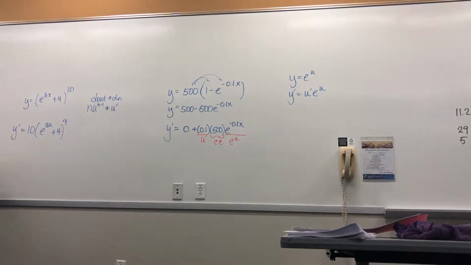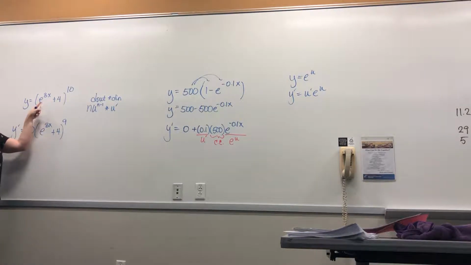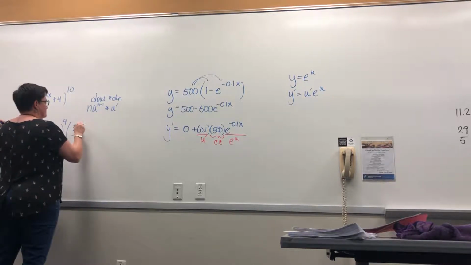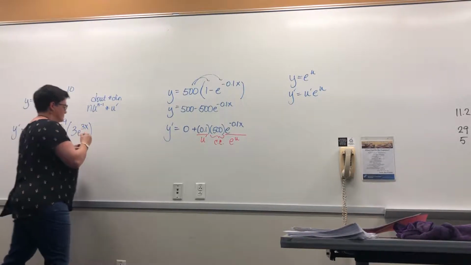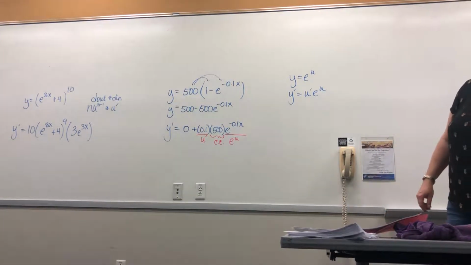That's D out. That's n u to the n minus 1. Now we peel. So now we're just looking at the stuff on the inside. We know the 4 is gonna go away. So what's the derivative of that become? Just 3e to the 3x.